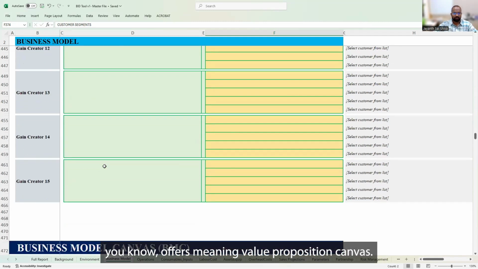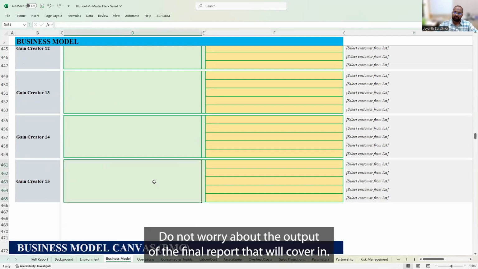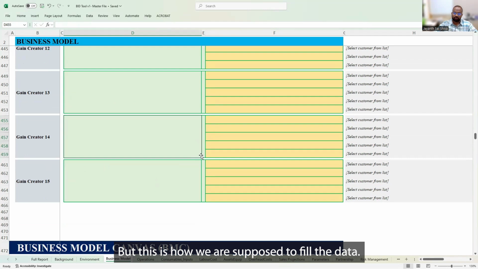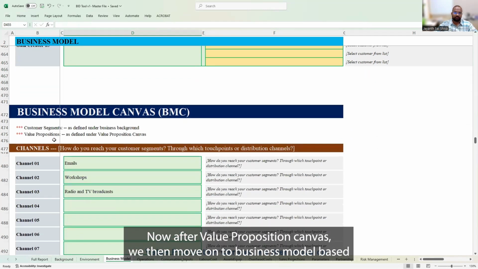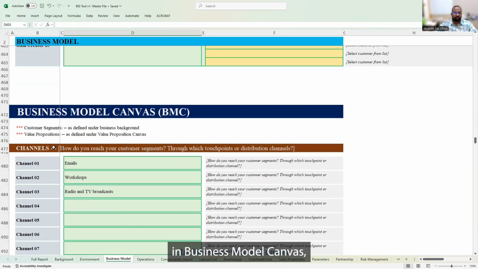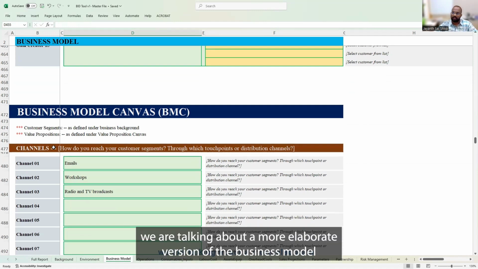Now, after filling value proposition canvas, these are only inputs. Don't worry about the output, the final report, which we'll cover at the end. But this is how we are supposed to fill the data. After value proposition canvas, we then move on to business model canvas. In business model canvas, we are talking about a more elaborate version of the business model.